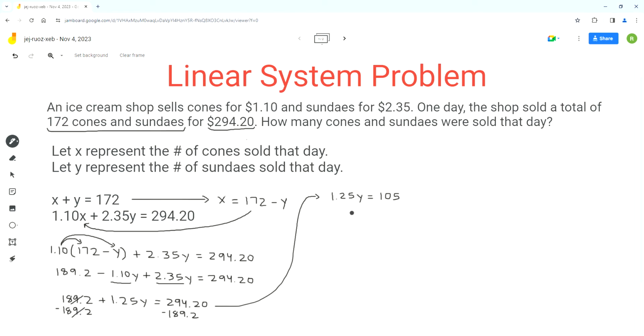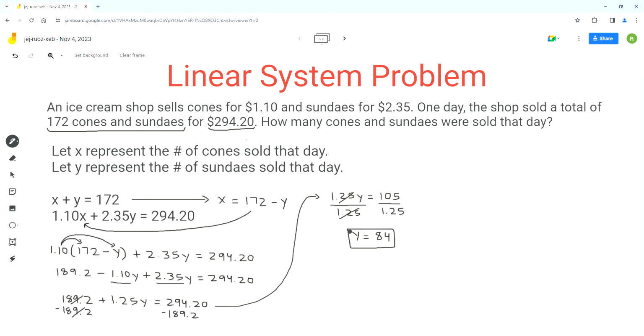And now we can isolate y by dividing both sides by 1.25. So 1.25 on the left side cancel each other out. So we get y equals, and I got 84. So that's the number of sundaes sold that day.